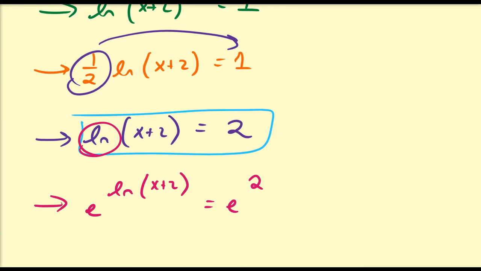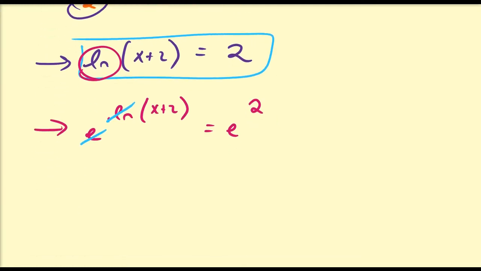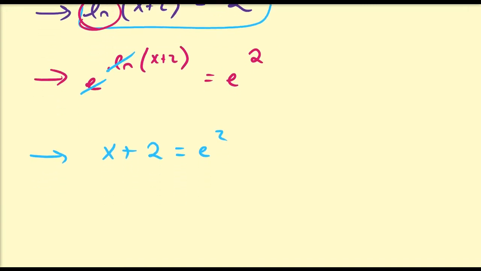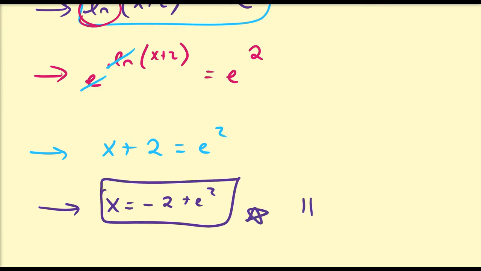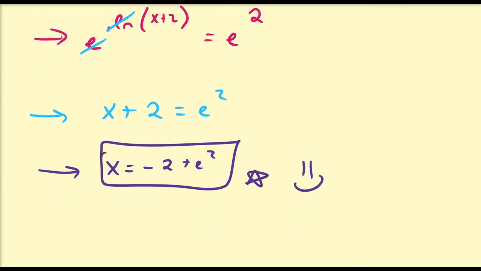Okay, so what do we have here? e and natural log cancel, so e to the natural log of something is just equal to something. So we're just going to have x plus 2 is equal to e squared. And then I'm just going to subtract 2 from both sides of this equation, and that gives us the solution. So x is going to be equal to -2 plus e squared is the solution to our original equation.